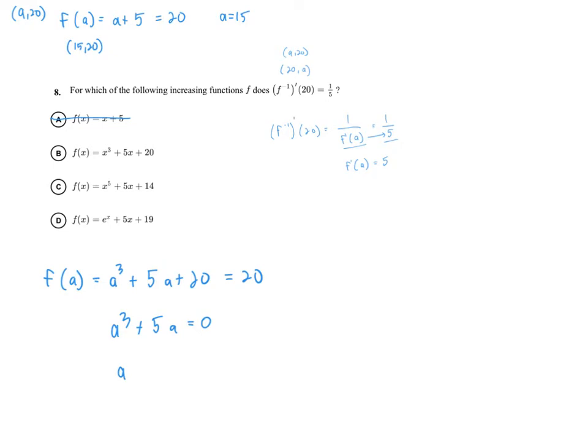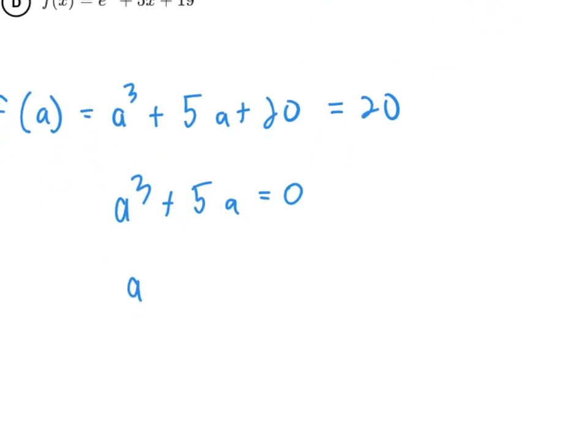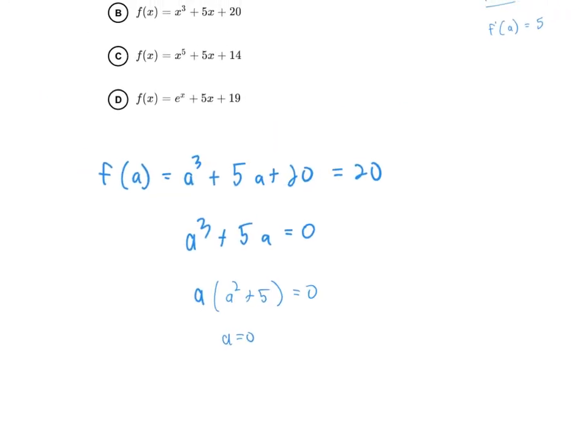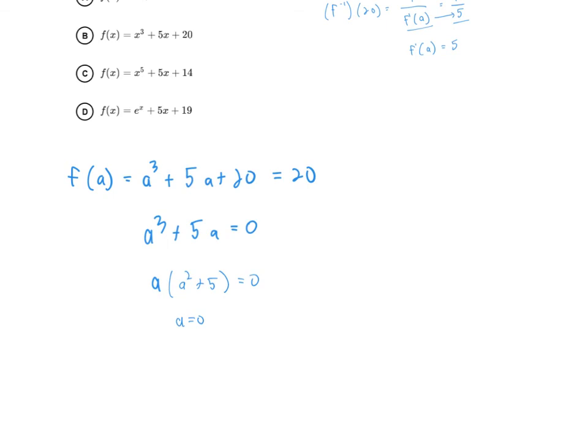Just some algebra: factor out the a, you get a squared plus 5 equals 0, so that means a has to be 0. So for this answer choice, the point is 0 comma 20.